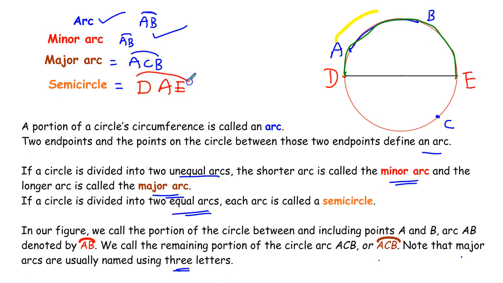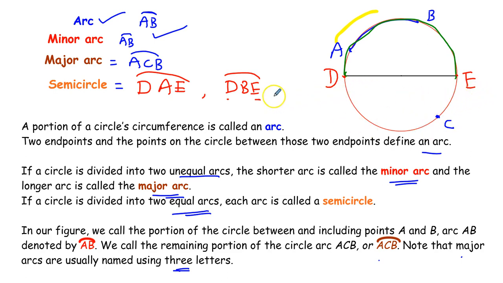The same thing, DAE, you can also denote as DBE, taking three letters, the first point and the last point of that semicircle. D is the first, E is the other endpoint. In between, just note down one of these points, either A or B. It denotes the same semicircle, and the other semicircle is DCE.